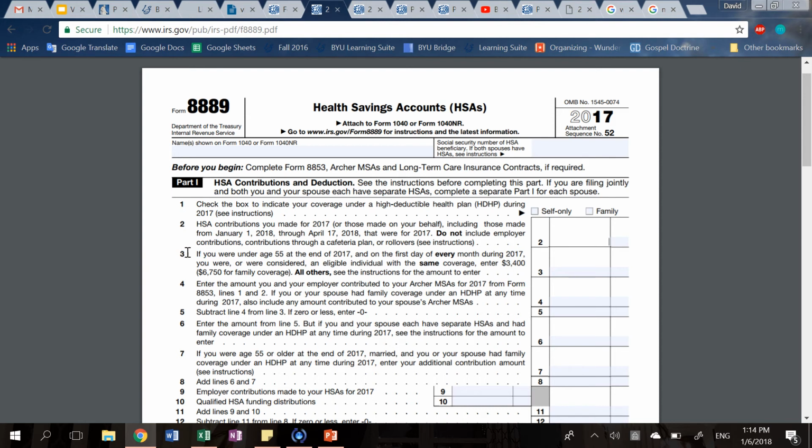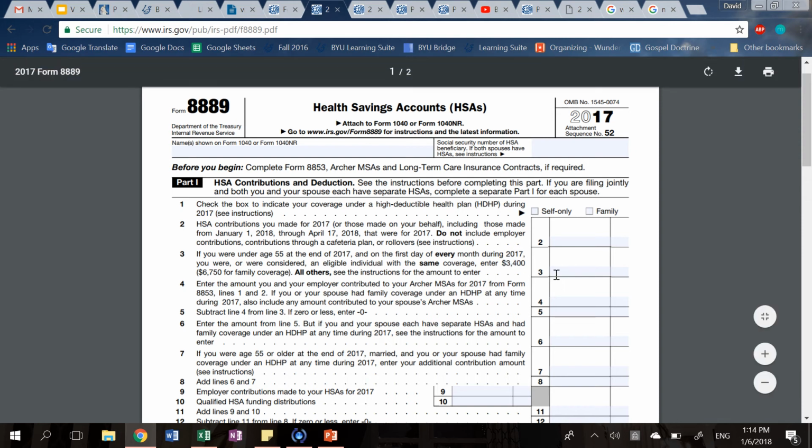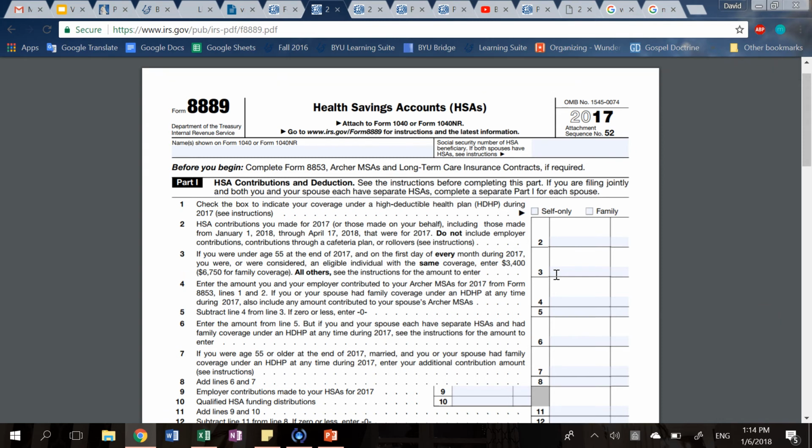And then in line 3, we're going to enter the maximum amount that is deductible for these 2 types of HDHP coverages. The maximum that you can contribute if you have a self-only HDHP is right here, $3,400, and this is in 2017, and the max for a family HDHP is $6,750.